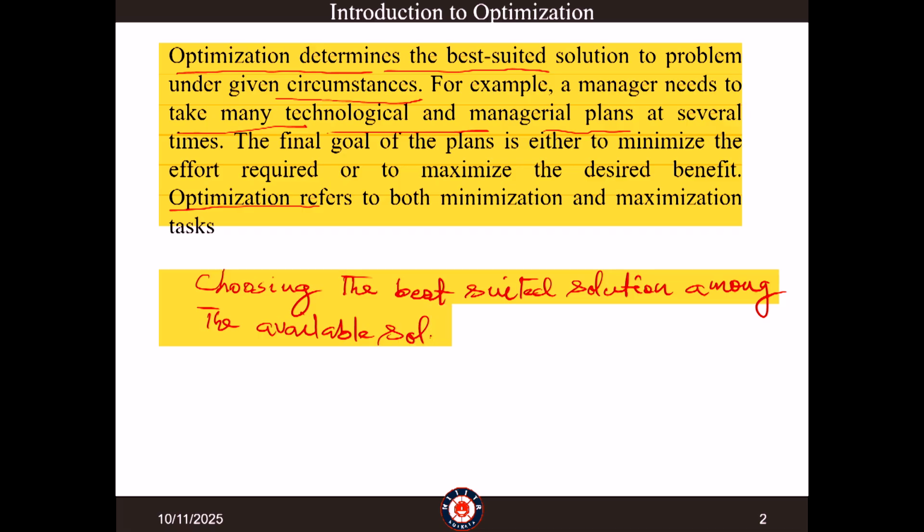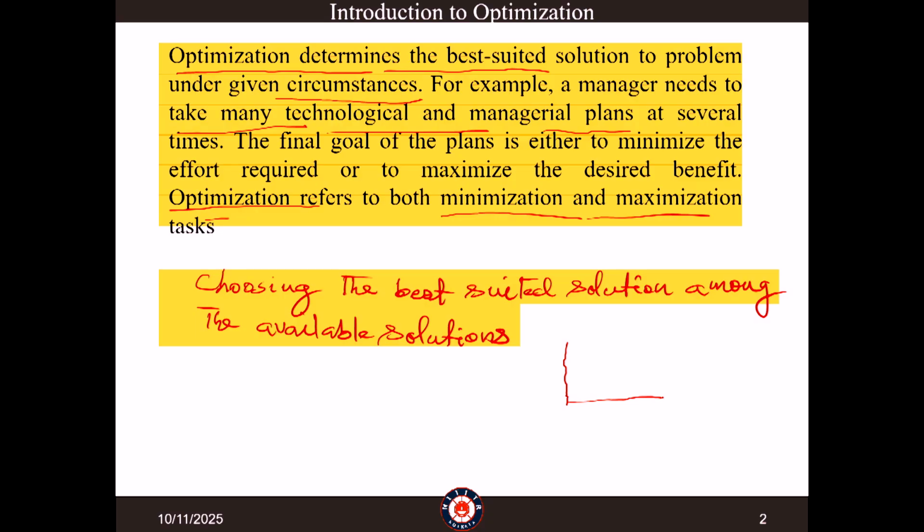That means there may be many solutions, but which solution is the best in terms of, say, effort, in terms of input cost, or in terms of output benefit from a particular process. And this optimization refers to both minimization and maximization.